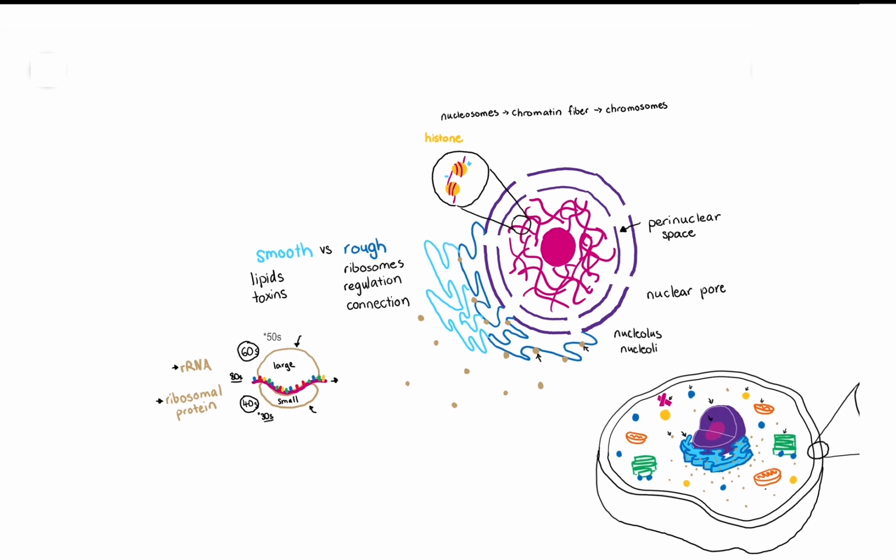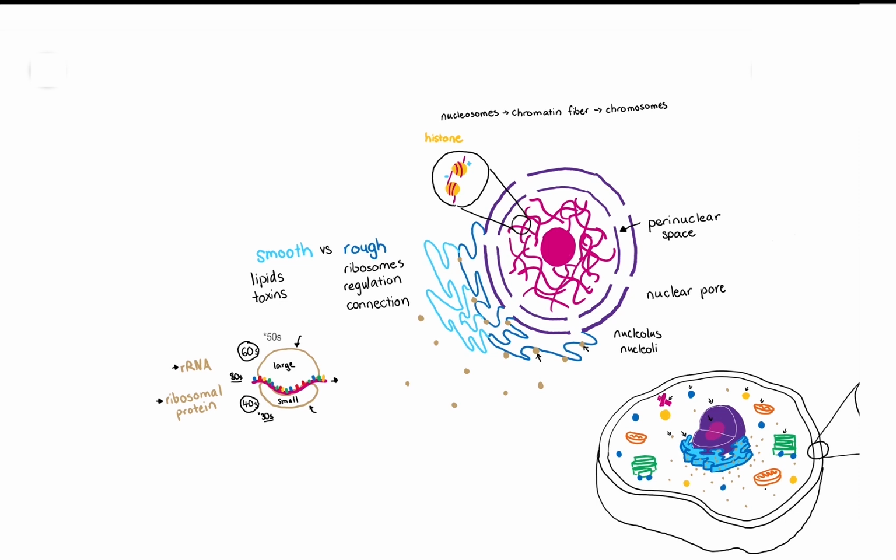You also have the nucleolus, or multiple nucleoli within it that produce ribosomal RNA, and you also have the DNA that is bunched into chromatin fiber, and this is through histone molecules, and attached to the outside of this nucleus is the endoplasmic reticulum, or the ER, and you have the rough ER that is involved in protein synthesis and has ribosomes attached to it, while you also have the smooth ER that is involved in lipid production and also the detoxification of toxins.